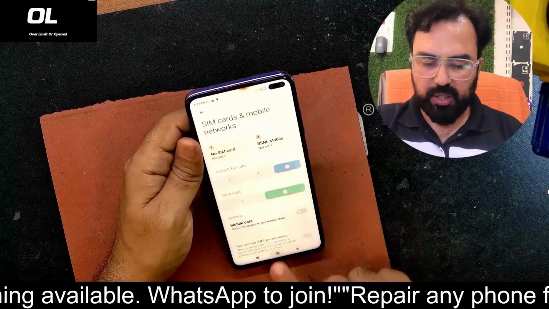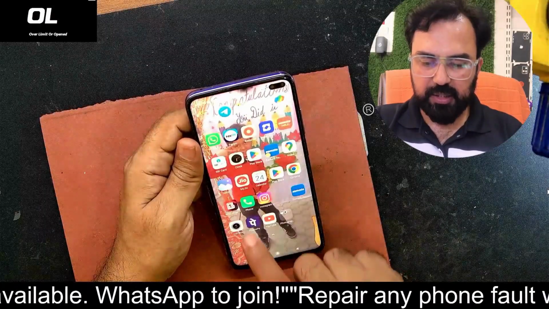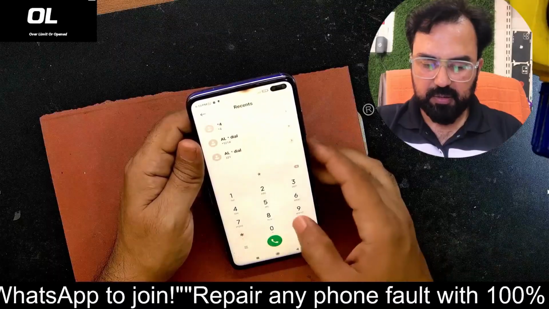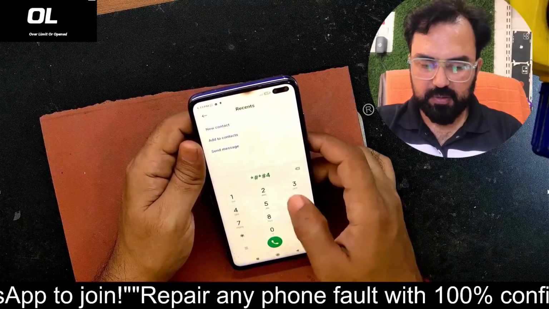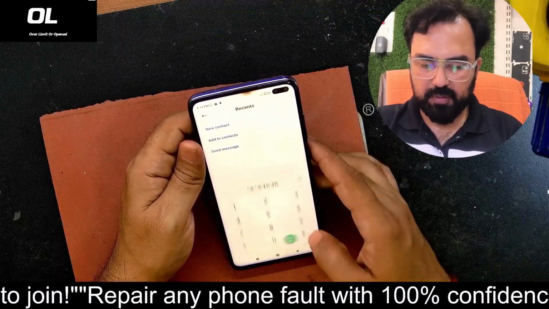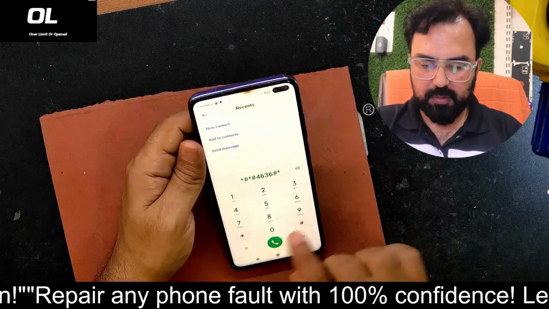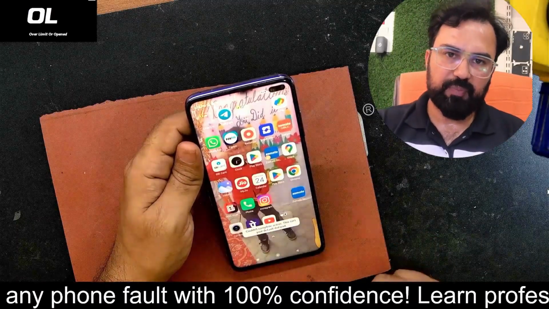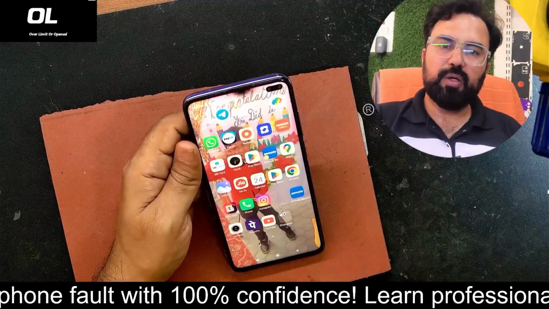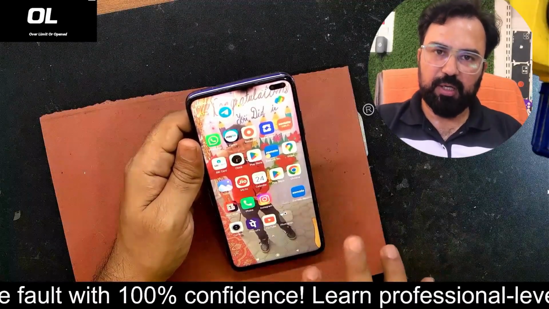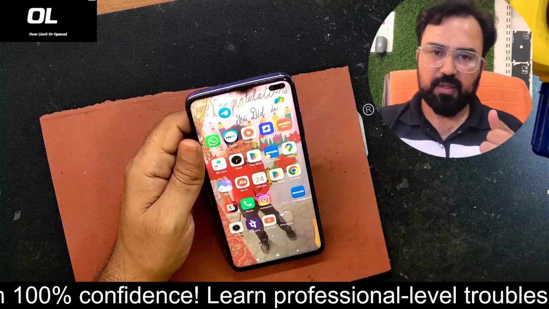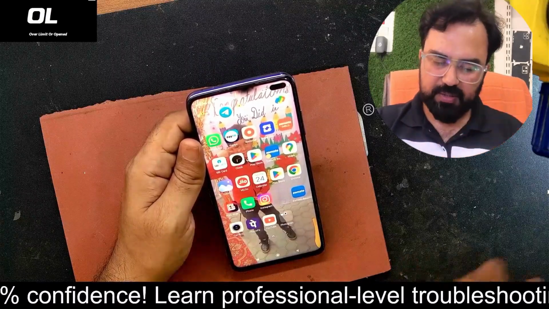Now let's try the bands code, star hash, just a second. This code is not applicable, but for information, we work on the protocols, first of all the RFFE lines, and we will show you the whole process.